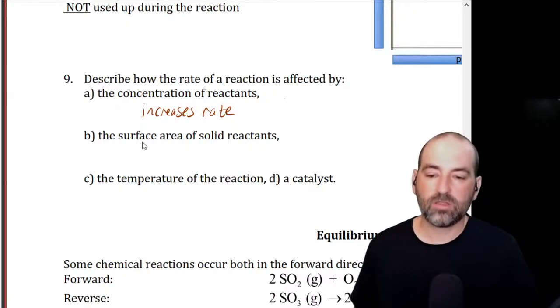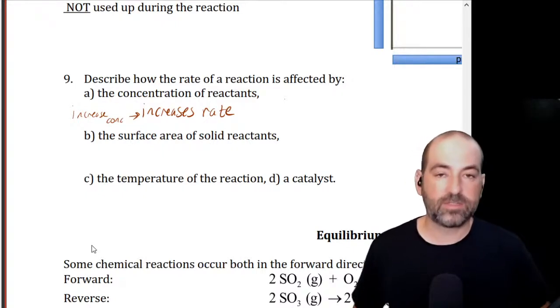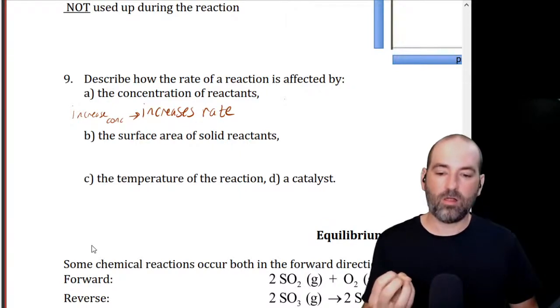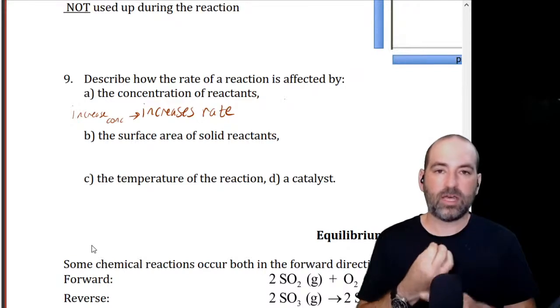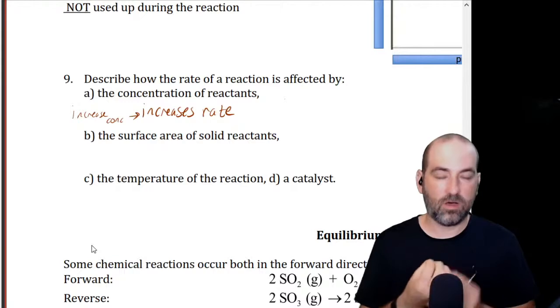If we increase the surface area, so we increase the concentration, we increase the rate. We increase the surface area of reactants. If they're solids, we have the same thing. If you imagine having a ball of metal, it's only going to be able to react on the outside of that ball. And so that's going to be relatively slow. It's going to have a higher activation energy to get in there.